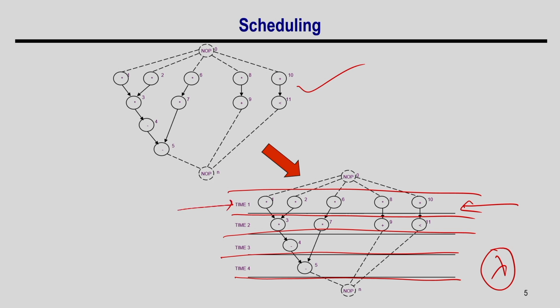If you just try to schedule the first timestamp, you cannot determine which operations to schedule here, so that I can schedule the other operations using the minimum number of timestamps. Okay. So, in other words, since an operation can be scheduled in any timestamp, there are many possibilities of scheduling.